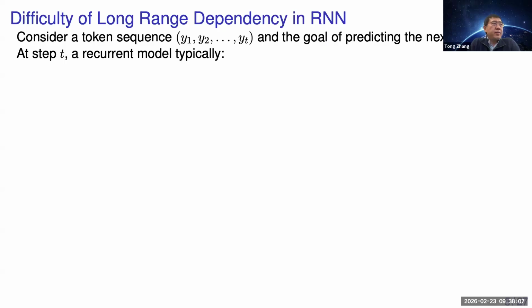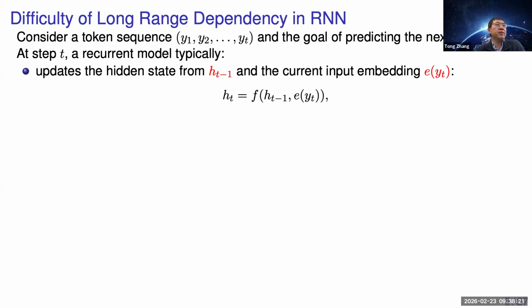So mathematically, when we have a token sequence, the goal is to predict the next token, y_{t+1}, from y_1 to y_t. We always do this through a hidden state, which we update.